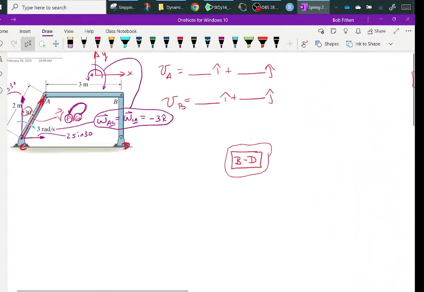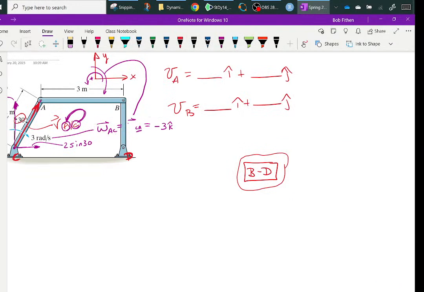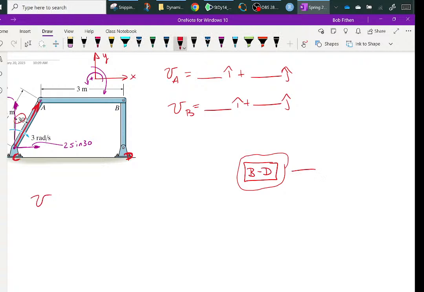So if I look at the, okay, now I can remove a lot of this out of the way. So I have this link. I'm going to say, what's the velocity of B is equal to the velocity of B relative to D, and I have to include the velocity of D, but it's fixed to the Earth or some fixed location as well.